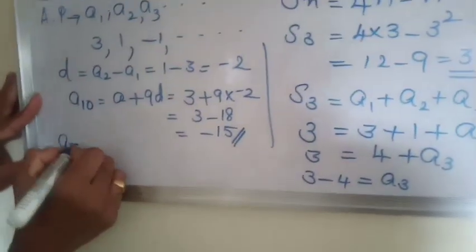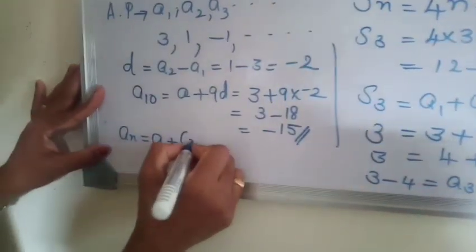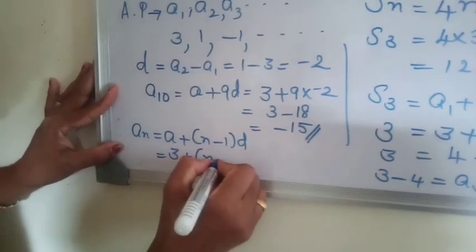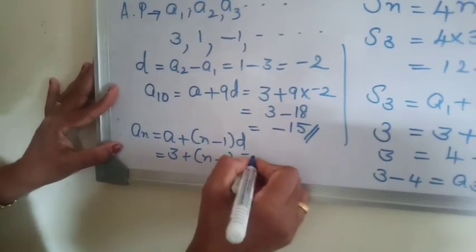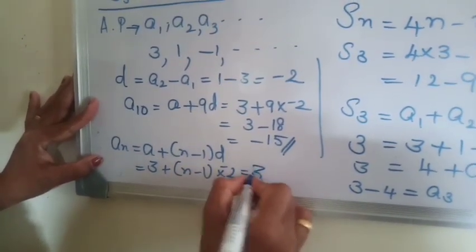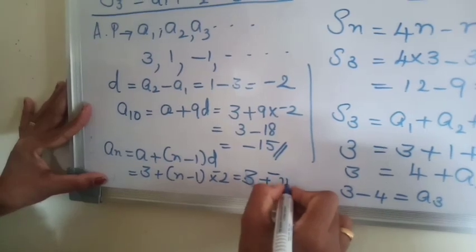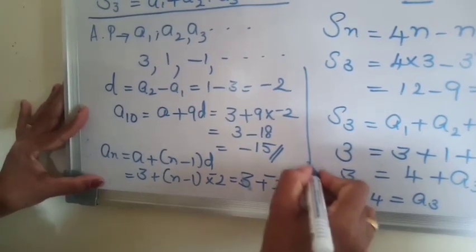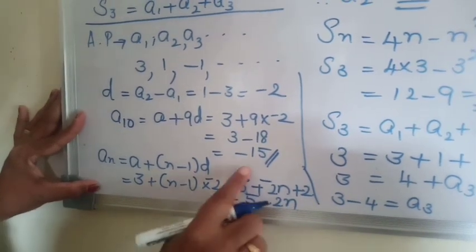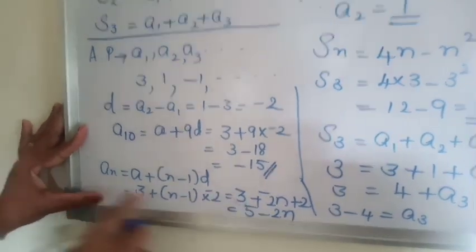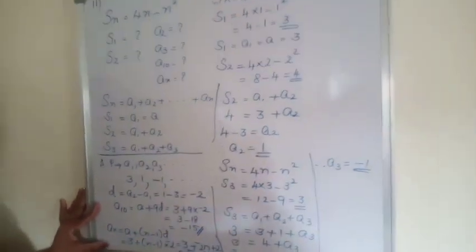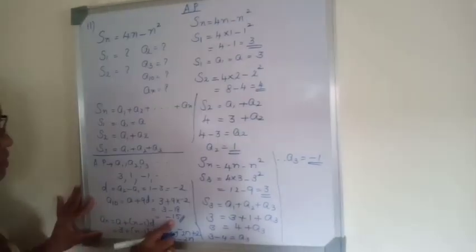An equals A plus n minus 1 into D. A is 3 plus n minus 1 into D is minus 2, equals 3 plus minus 2n plus 2, equals 5 minus 2n. So An is 5 minus 2n, and A10 is minus 15.